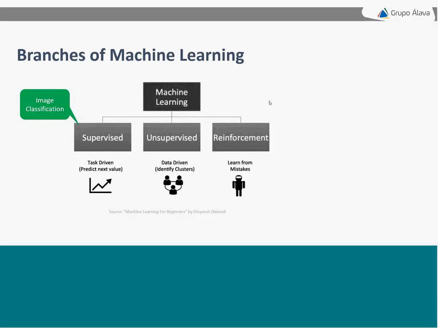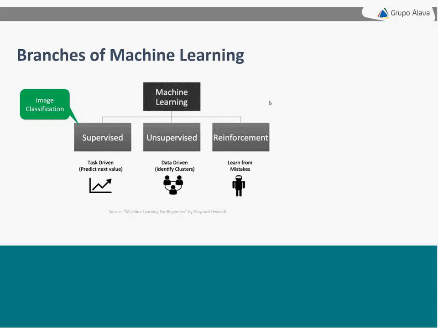We always have to know which class it belongs to. On the other hand, we have the unsupervised and the reinforcement, which don't need labels. Unsupervised is based on clustering and reinforcement on trial and error, which is very similar to how human learning works.